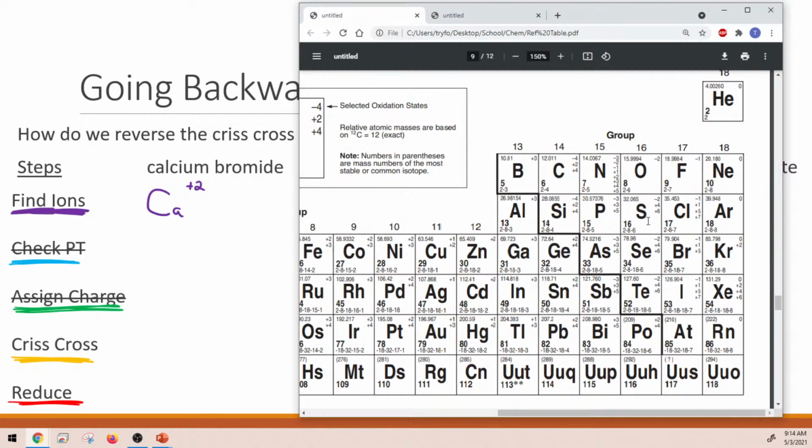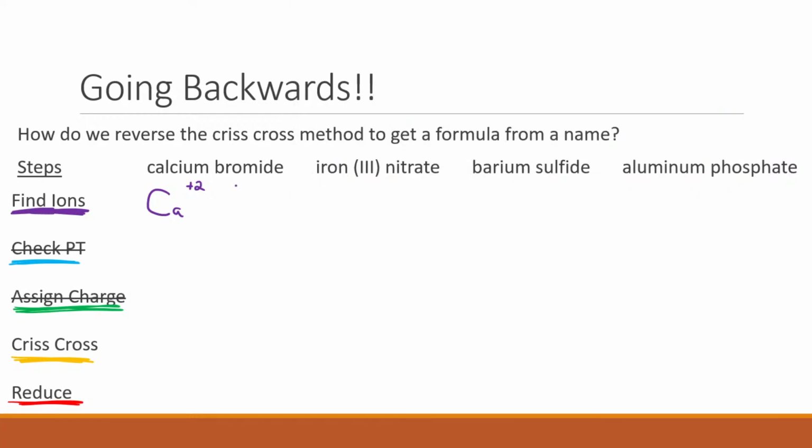Well, I look at my formula here, and I think to myself, the first ion is always positive, the second ion is always negative, so bromine must have a negative charge in this situation. Look, bromine only has one option for a negative charge, so we have to use bromine -1.